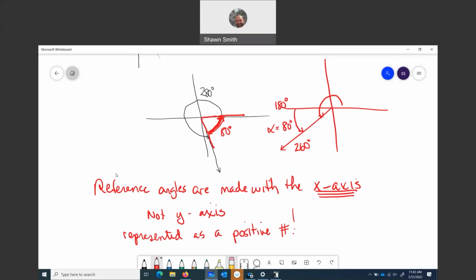So you'll never see a reference angle of negative 30 degrees. No, it's going to be a 30-degree angle. So we're always going to refer back to quadrant 1 angle.